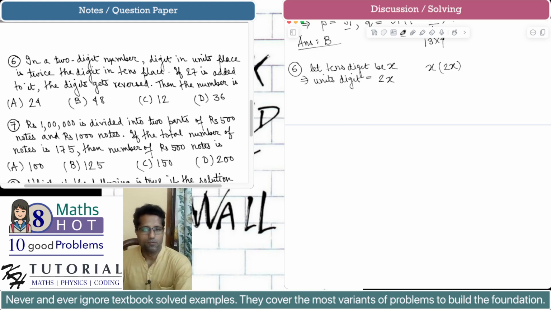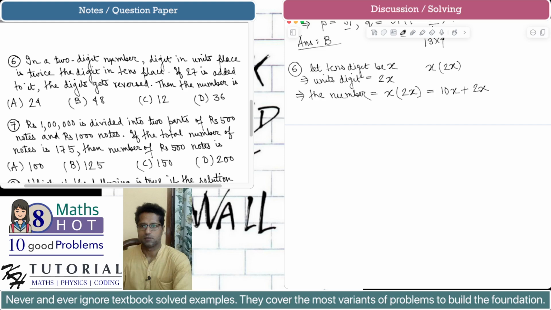Okay. If 27 is added to it, now this implies the number is equal to x 2x, which in the expanded form is 10x plus 2x.